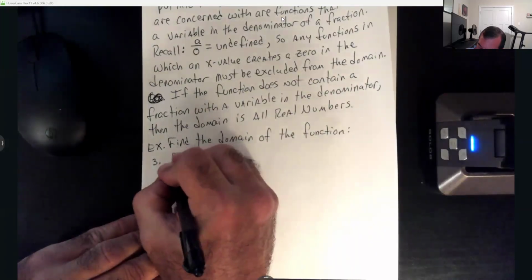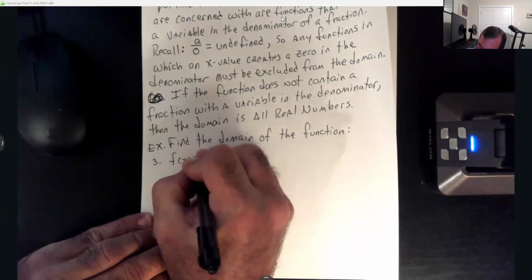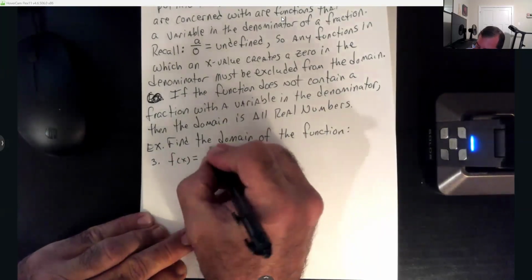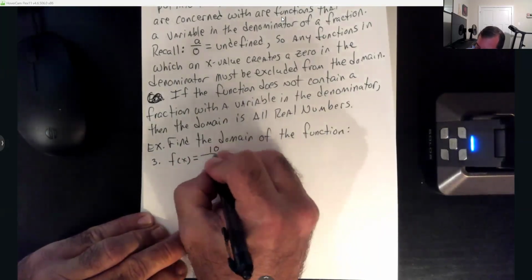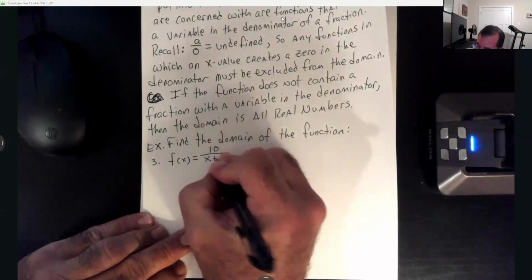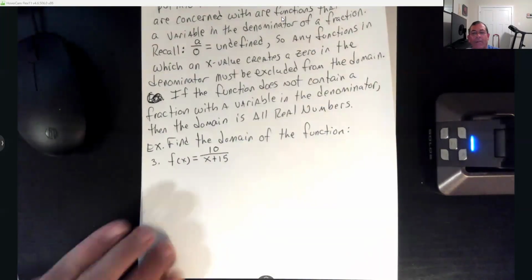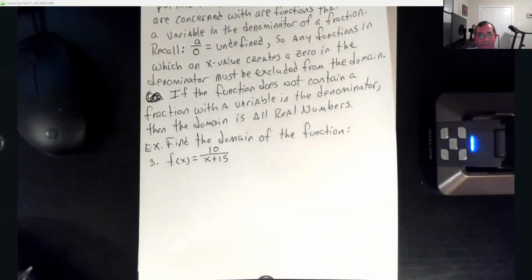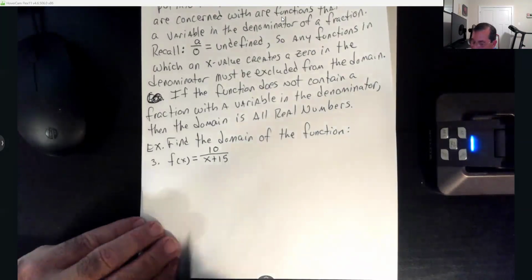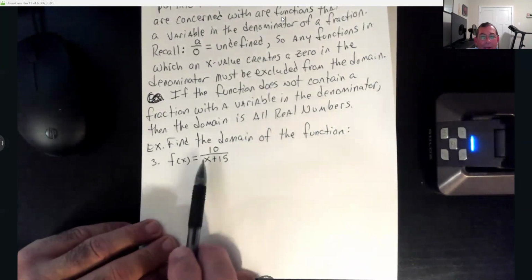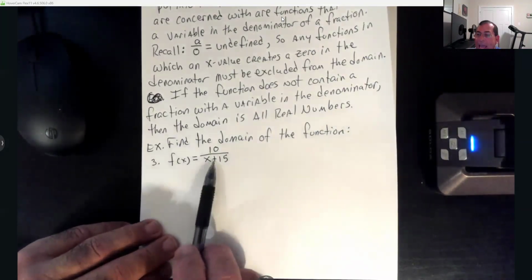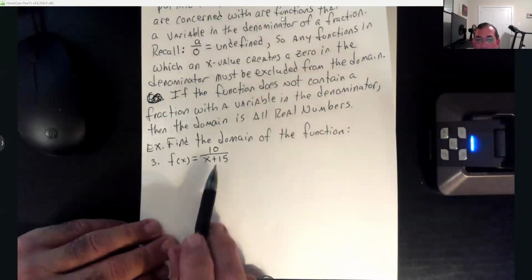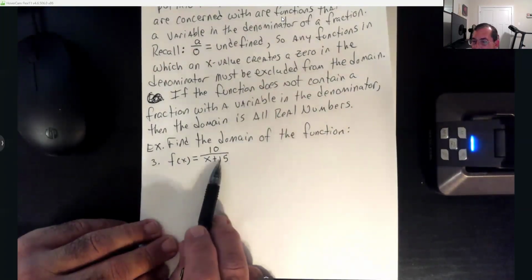My first one, they're giving me f of x equals 10 over x plus 15. Well, y'all look at that. They gave me a fraction to start out with on this one. But since I got a variable in this denominator, there is at least one number that's going to make that equal 0 down there.